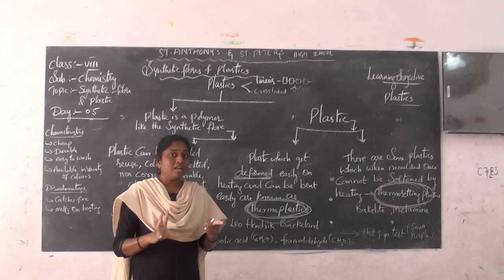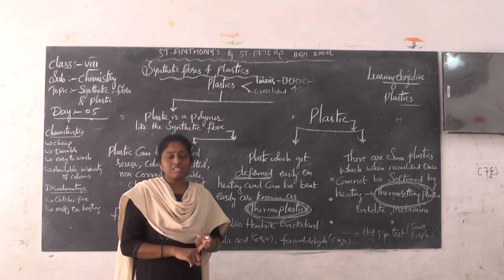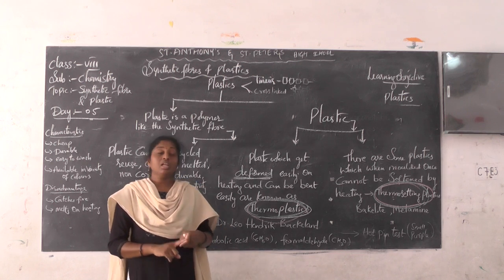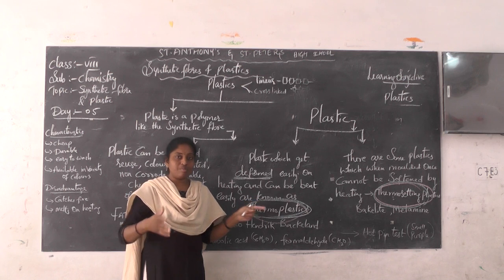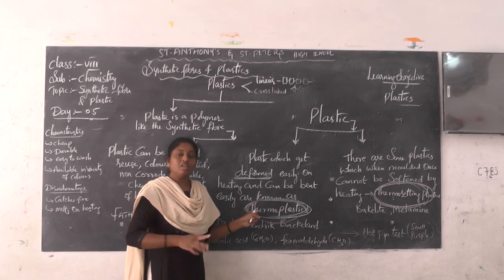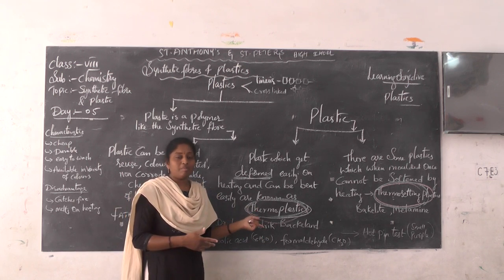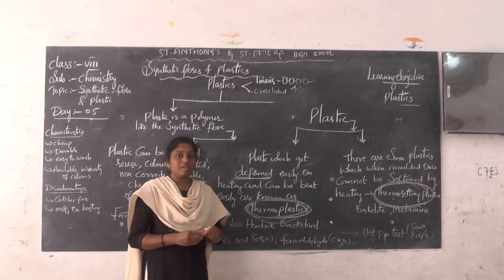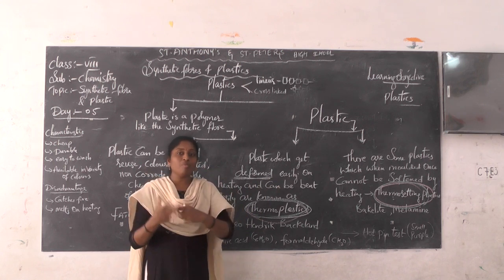Now what do you understand? Plastics are of two types: one is thermoplastic, one is thermosetting plastic. With thermoplastic, many reforms can take place and it will be molded into different forms. Simply, we can say it comes under the ordinary plastic. But with thermosetting plastic, once you give shape to the plastic, it won't be remolded again.